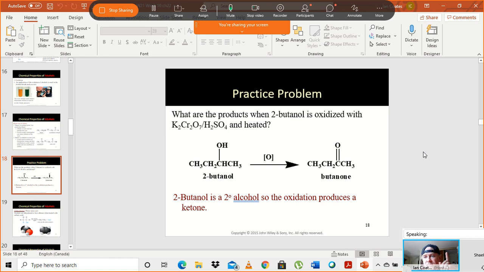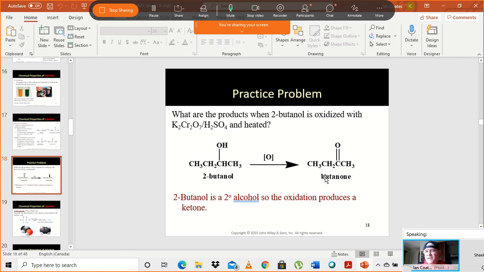A secondary alcohol will only go 1 stage, and a tertiary will not. 2-butanol is a secondary alcohol, so it's only going to go one step, and that'll change into butanone.